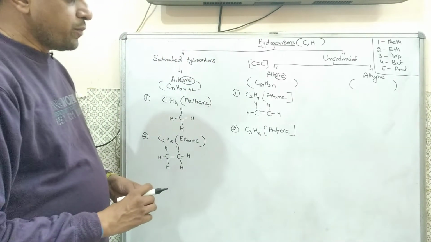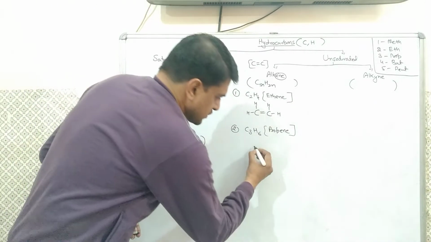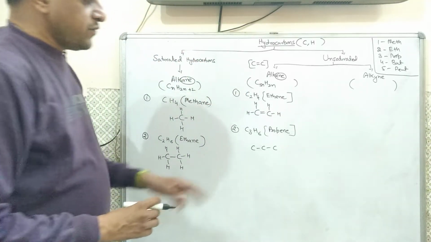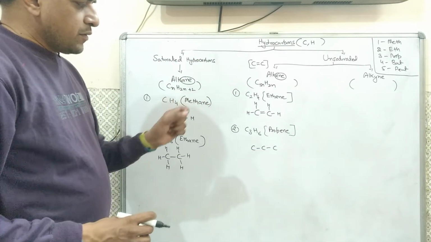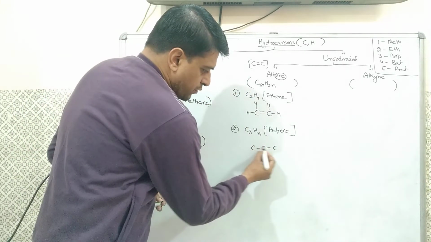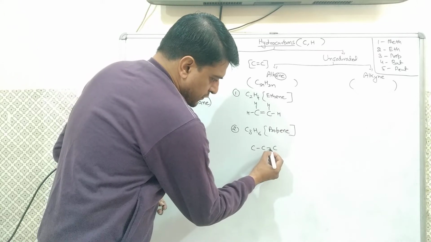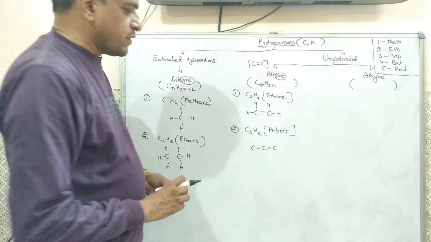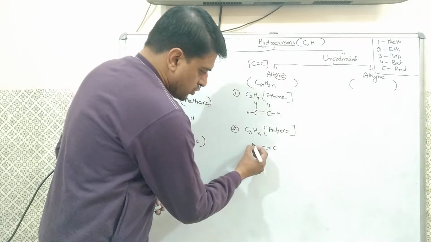It is propene. Now to draw the structure, first of all, connect all the 3 carbon atoms with single bonds and draw 1 double bond between any 2 carbon atoms. Suppose I put this double bond between these 2 carbon atoms.